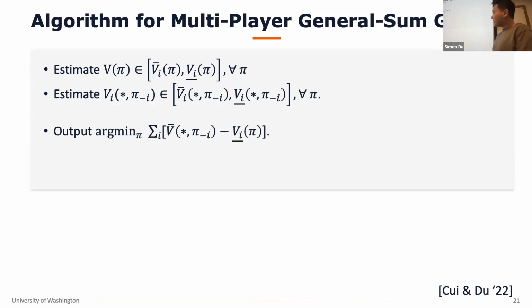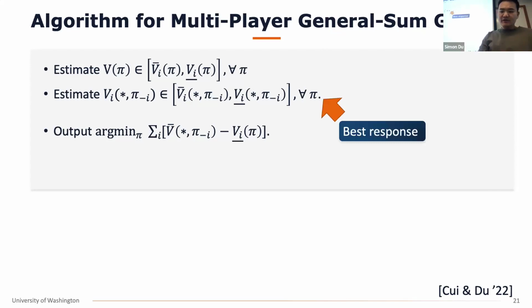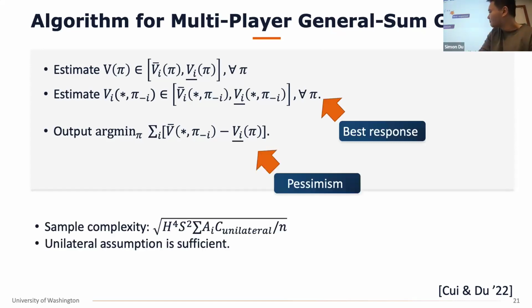So the idea is similar: you estimate the value for each policy with upper and lower bounds. It also estimates the best response with upper and lower bounds. And then you're being conservative here. So for the time being, I will just give you the high level idea, which is a generalization of two-player zero sum. Here we use the best response and pessimism.